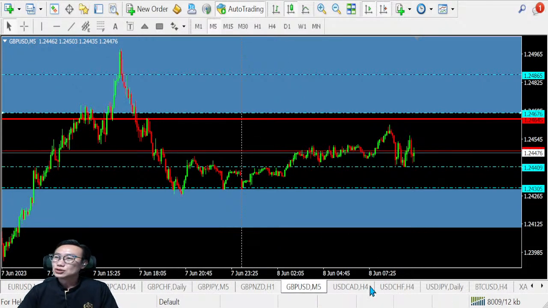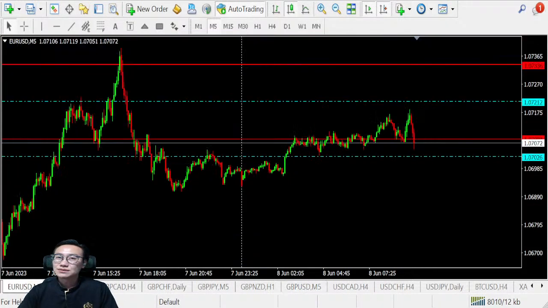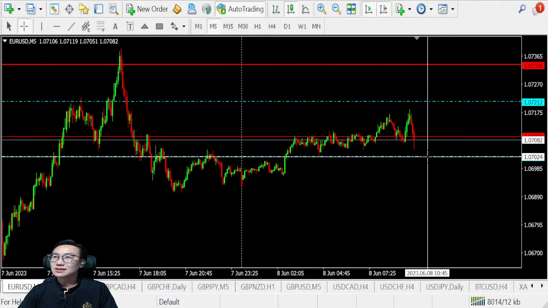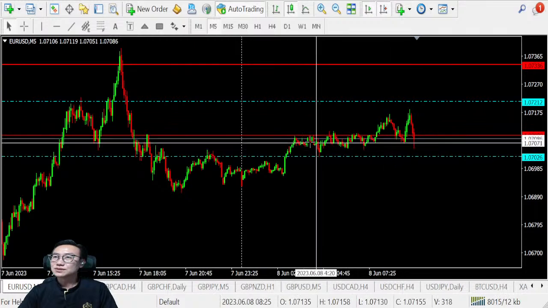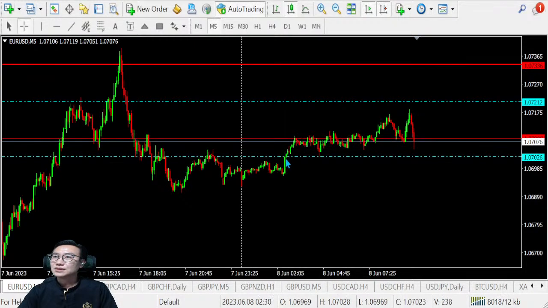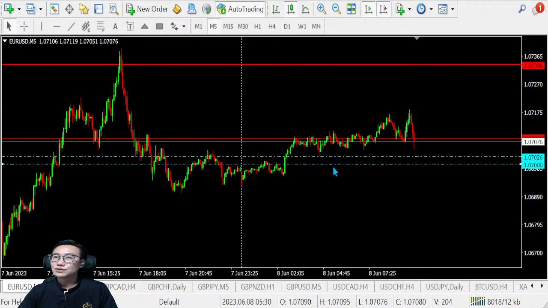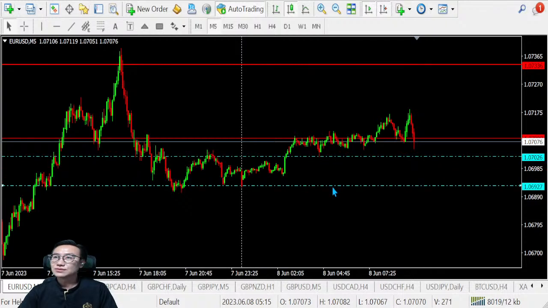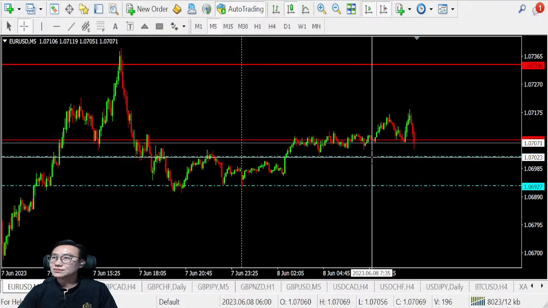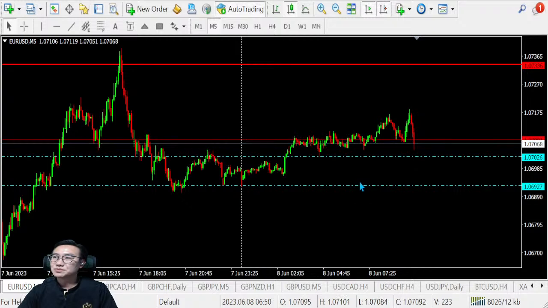Euro dollar, London market has opened. It started to swing down over here. We're also looking out for the support in this area here. For euro dollar, we still have this area here to clear. One big area here, about 9 pips, which is quite a difficult area.